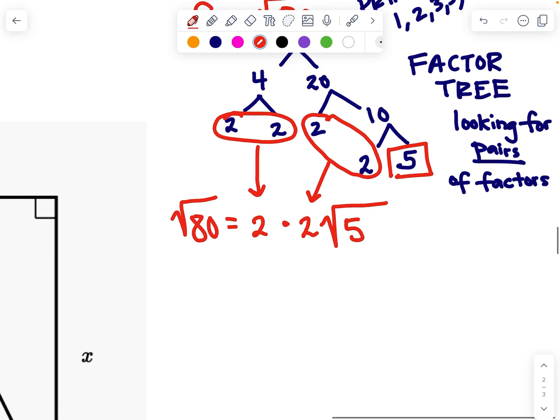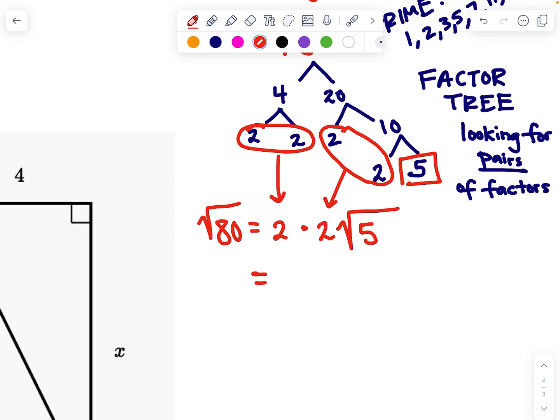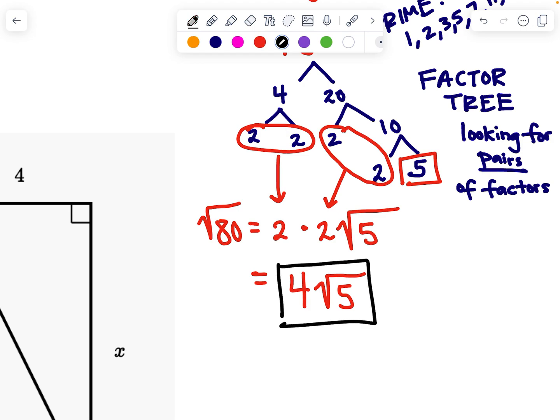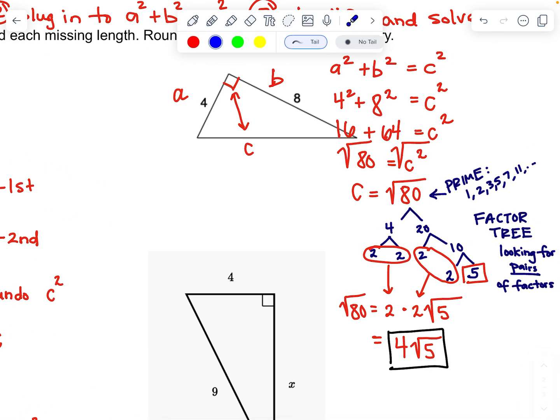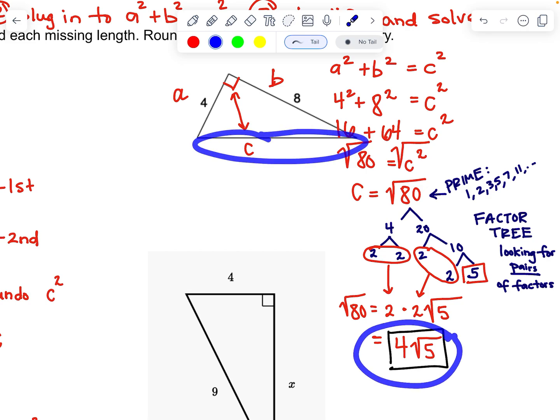And so we can simplify this one step further because 2 times 2 is 4. And so what we have is that this missing side right here, C, is equal to 4 times the square root of 5.